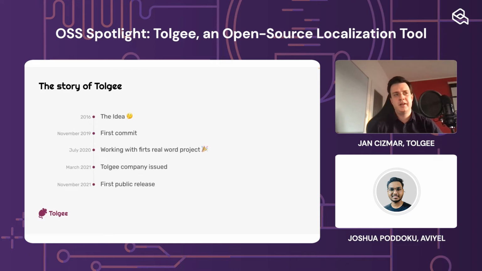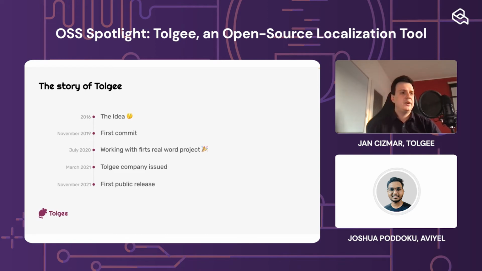It's a company called Tolgee, with the same name, and we are doing just this tool for localization. We don't do anything else, and it's one year now. So it's actually an anniversary. We started on the first of March last year.